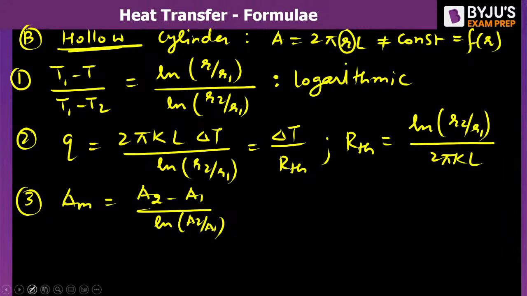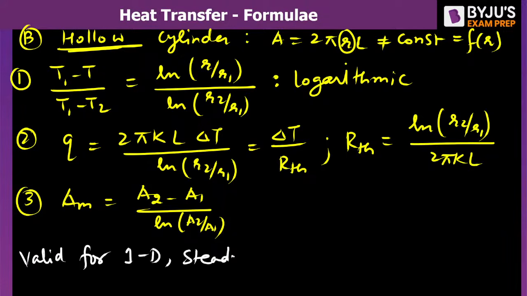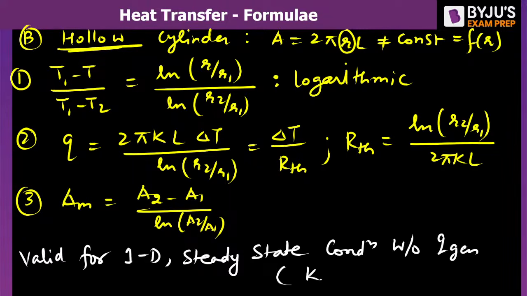So these formulas are again valid for one-dimensional steady state conduction without heat generation, and the thermal conductivity is also taken as constant in the system. I hope you are clear with this formula.